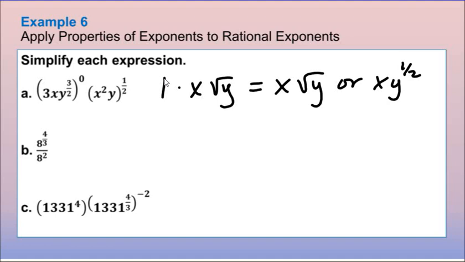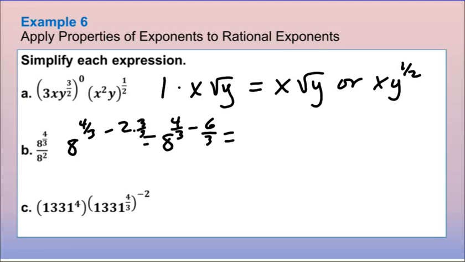Next one, like bases, I subtract the exponents. So 4/3 minus 2, which would be the same thing as saying 8/4 minus, multiply this by 3/3, which would be 6/3, and we would get 8 to the negative 2/3, and we can't have negative exponents in our answers.